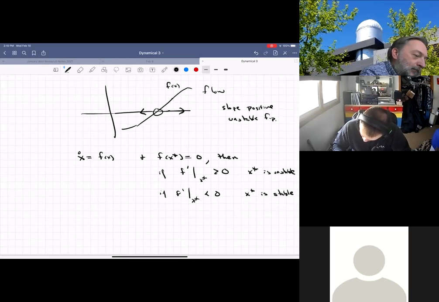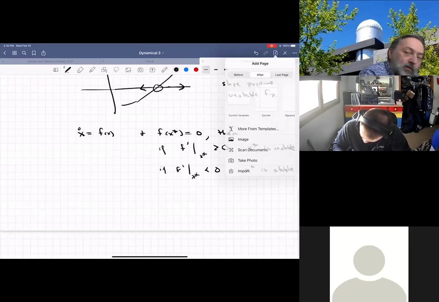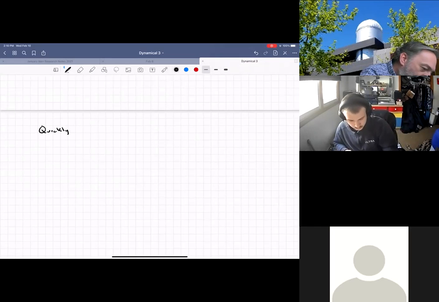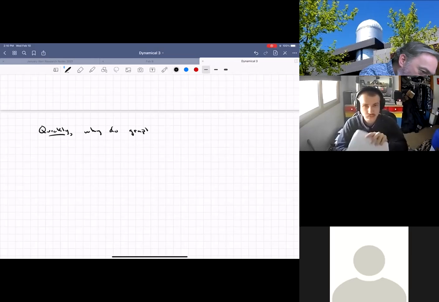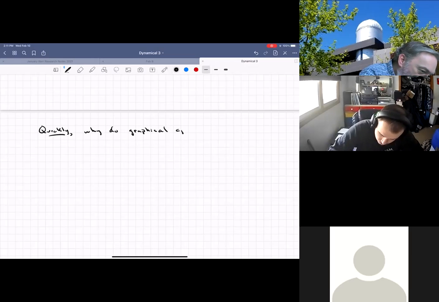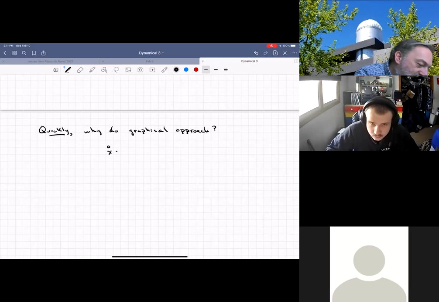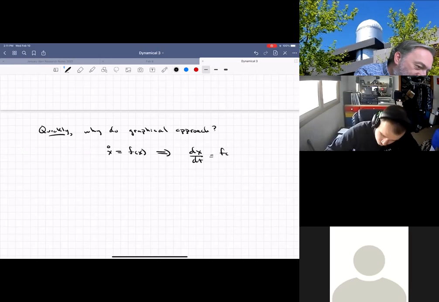All right, so now, one might wonder why we should examine differential equations that are first order like this graphically at all. So if I have x dot is f of x, then that's dx dt is f of x.